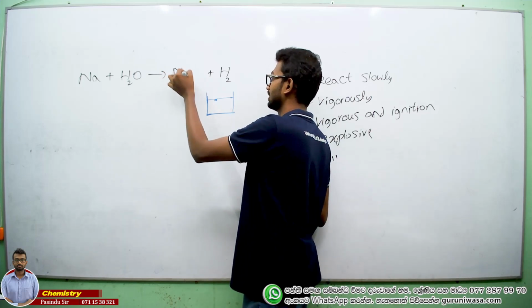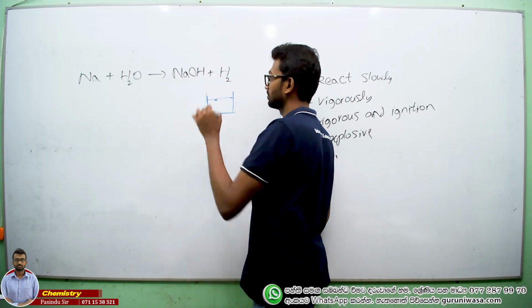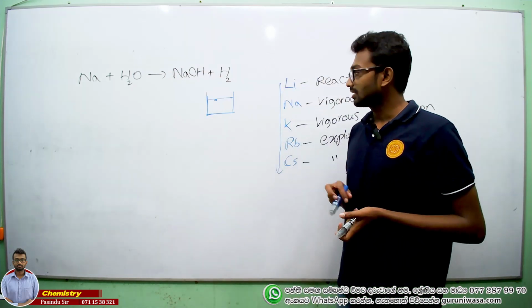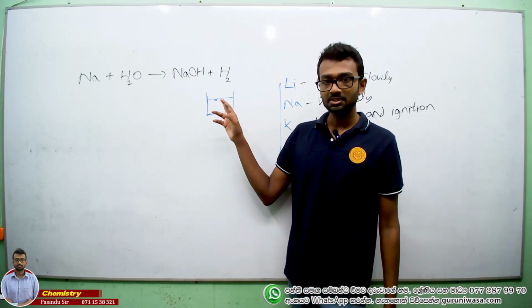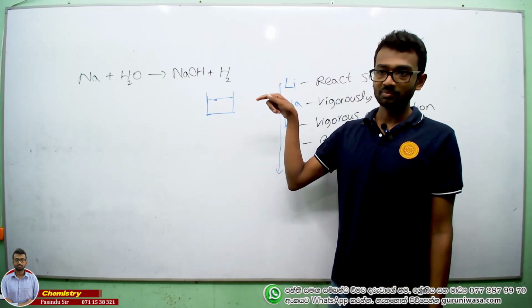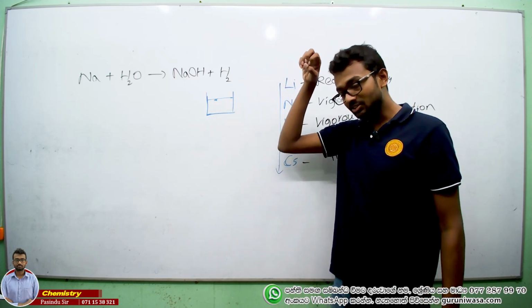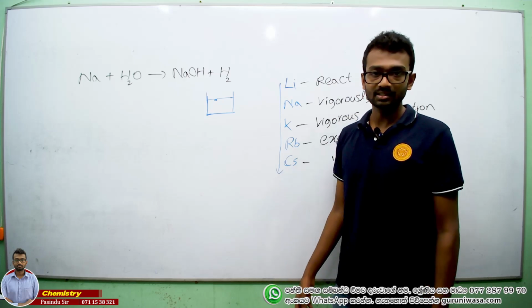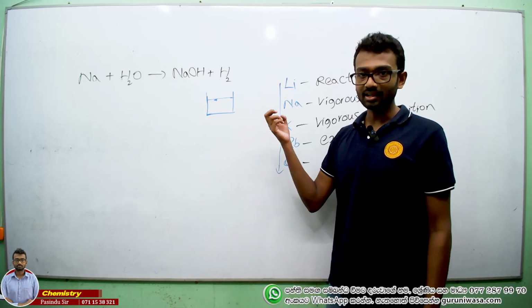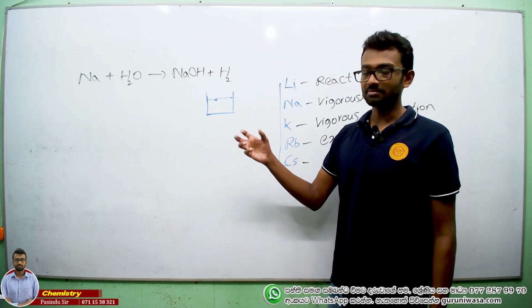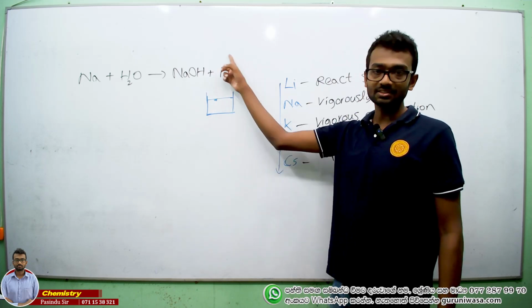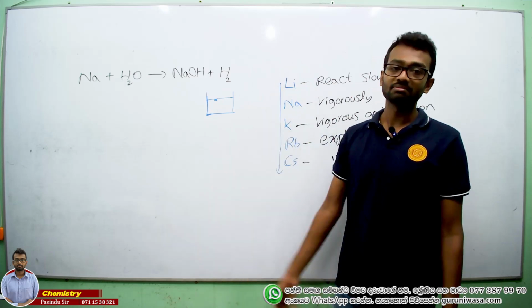That means sodium hydroxide, right? When you do this reaction, if we put a flame, you can see it start to burn, or sometimes it automatically starts to burn. How does it get a flame? This hydrogen. If that hydrogen starts to burn, it's a flame.